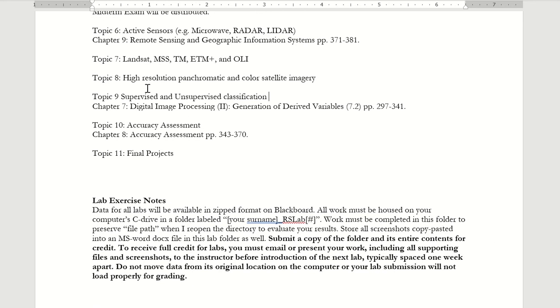So we'll learn about quite a few different methods for that. And then finally, accuracy assessment, whether that's positional accuracy of the features that you can resolve from remote sensing images, or category accuracy from the output of a classification. There's a chapter in the book on that. And then finally, we'll have more time to dedicate to our final projects.